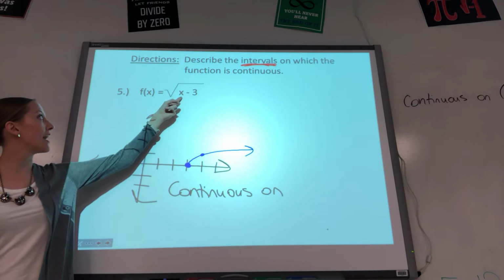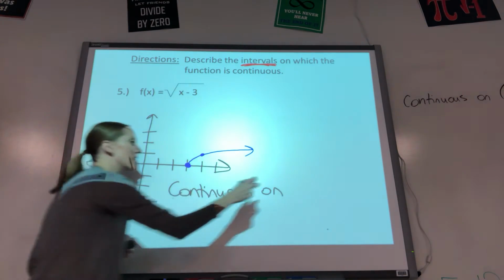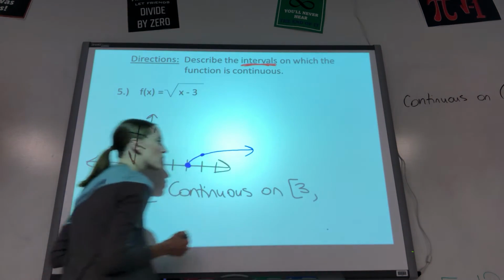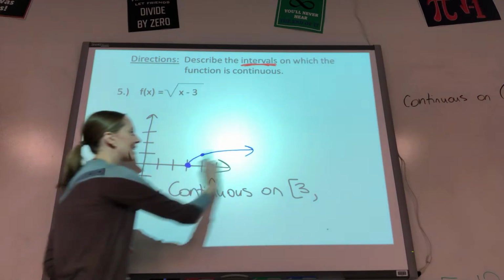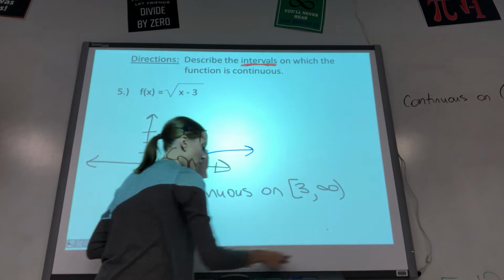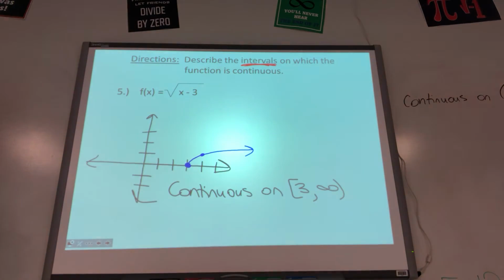Yeah, you could put a 3 right there. Square root of 0 is just 0. So since I can equal 3, I want to use a bracket, and it's going to be continuous for everything else past positive 3. So continuous on the interval 3 to infinity. Okay, always use parentheses with your infinities.